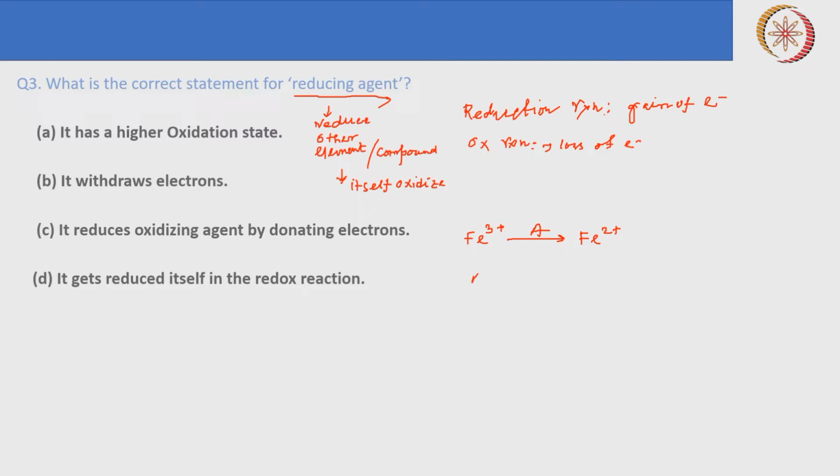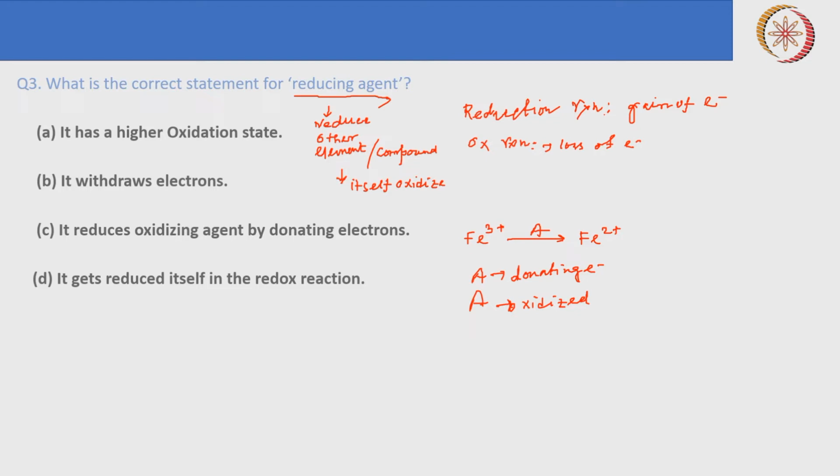That means A is donating electron, and as it is donating one electron, it is oxidizing. As I have mentioned, loss of electron means oxidation. So A is oxidized. Basically we get to know that A donates electron and it is oxidized.